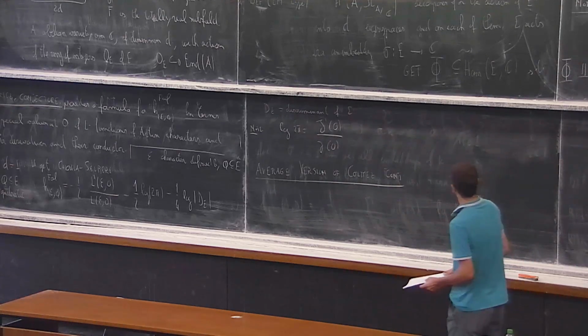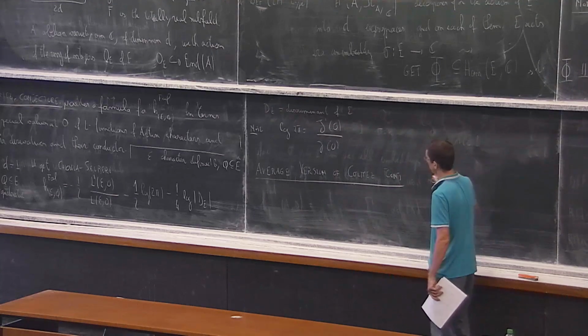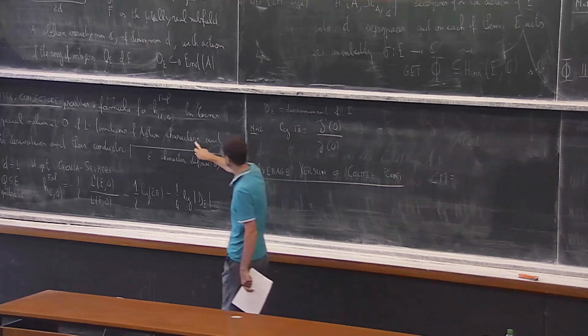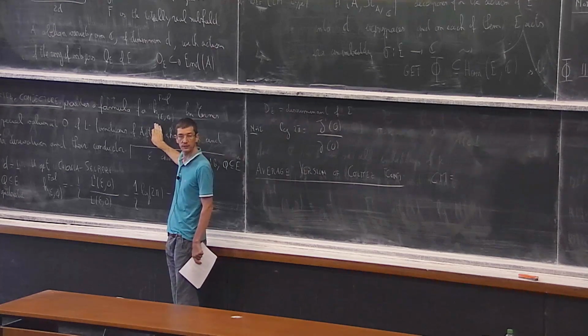So in this case, the average means that we sum over all possible CM types these quantities, okay?